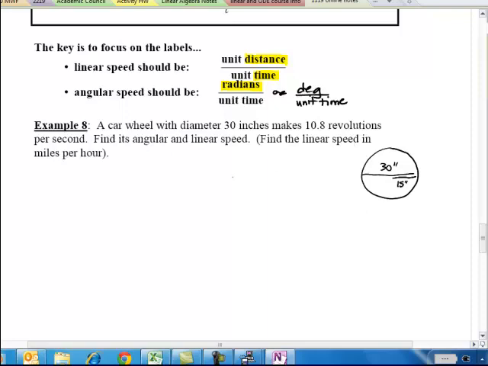And we want the angular speed, and we also want the linear speed, and they're specifying miles per hour for the linear speed. Let's do angular speed first. And let's say we want radians per second, since the time is given in seconds.